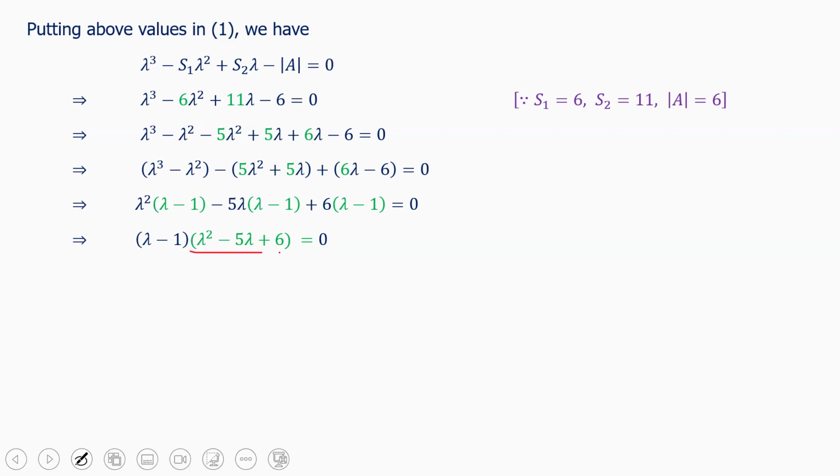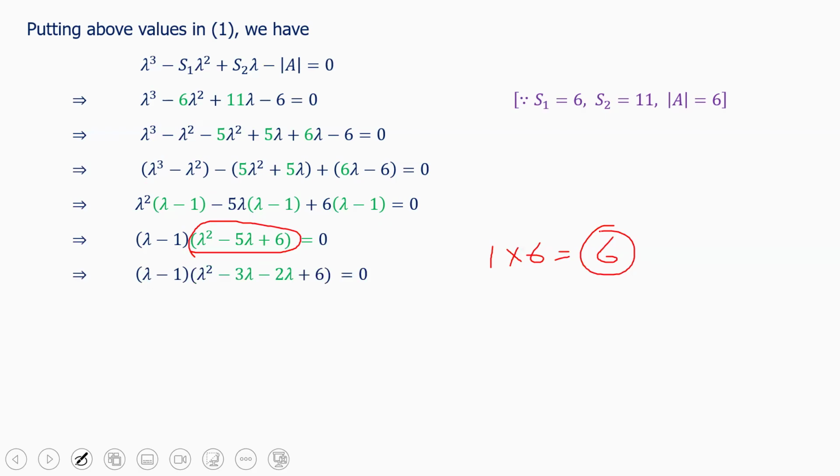Now this is again a quadratic equation. We will try to factorize this quadratic equation in this manner. Lambda minus 1 times the quadratic. The product is 6, so this 6 can be broken down in such a way that the sum of the factors of 6 will be 5.